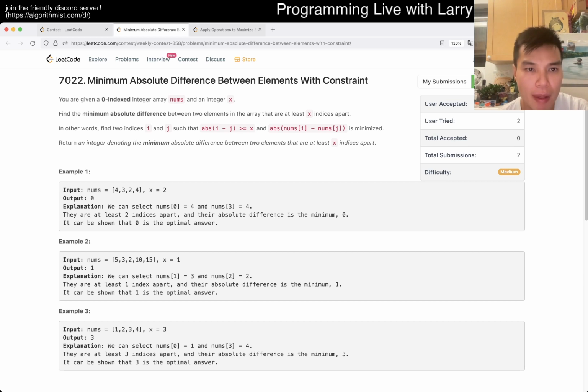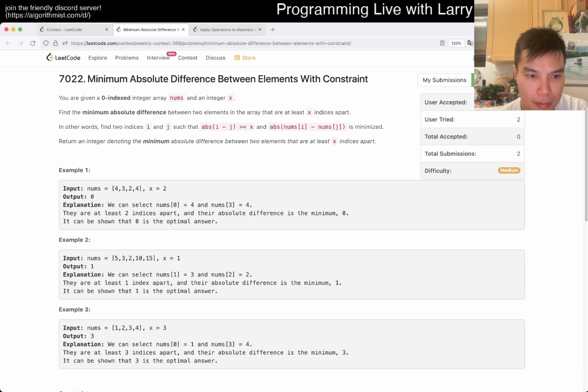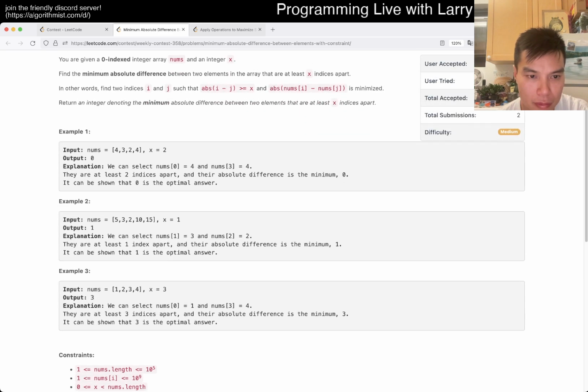Find the minimal absolute difference between two elements in an array that are at least x index apart. Okay.